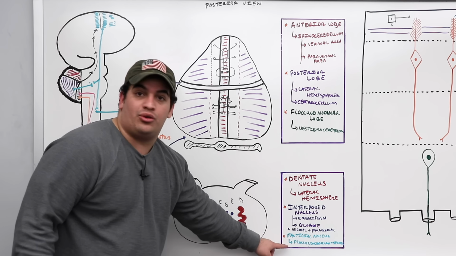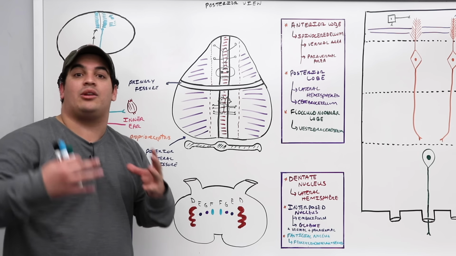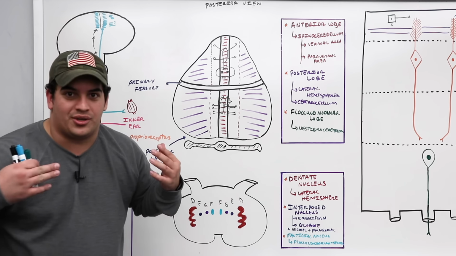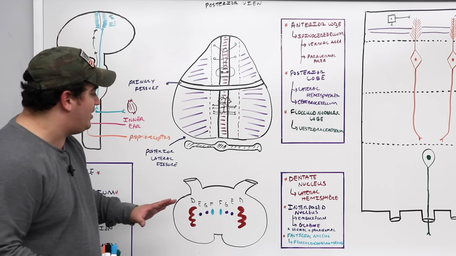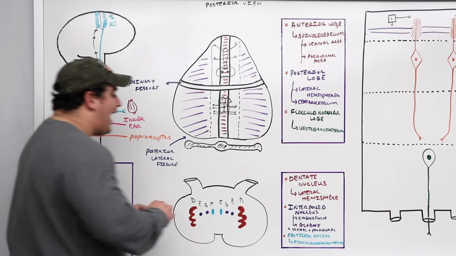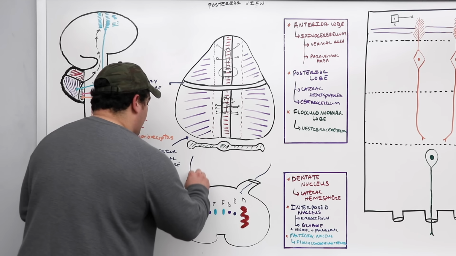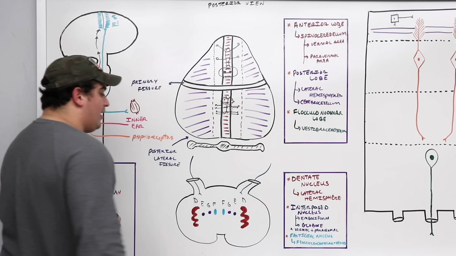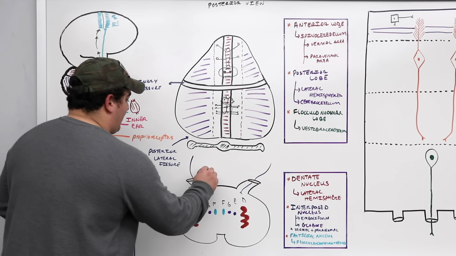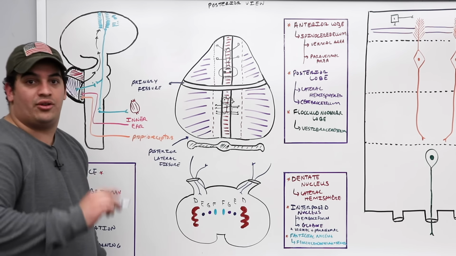And the fastigial nucleus is the flocculonodular lobe, which is the vestibulocerebellum, which is connected with the inner ear structures. So now that we have a pretty good idea of that, we have to ask how these nuclei interact with these fibers coming in or going out. Okay, so let's go ahead and do that.